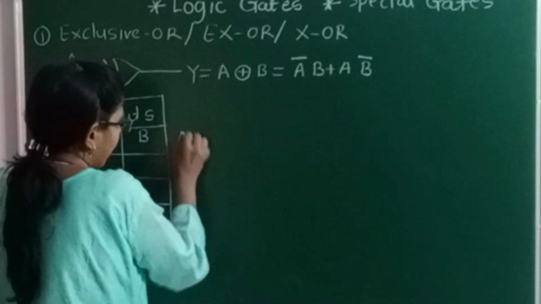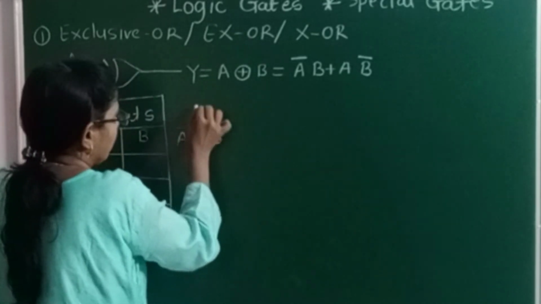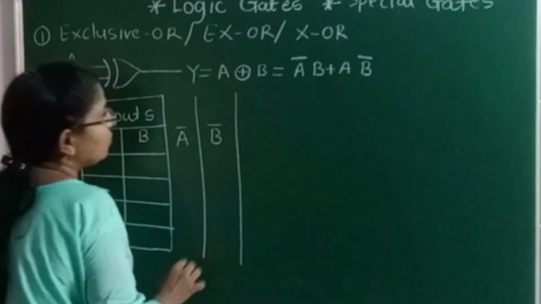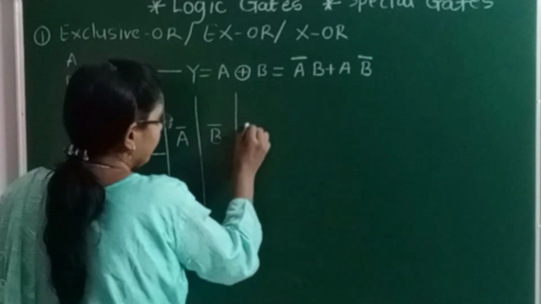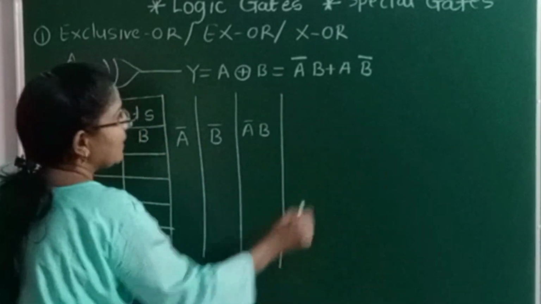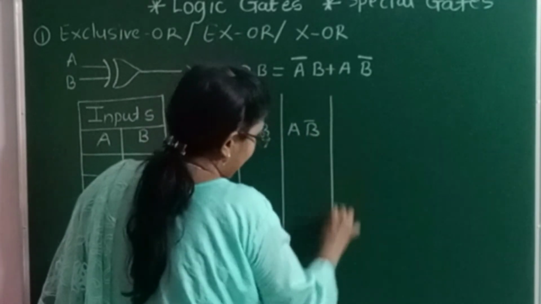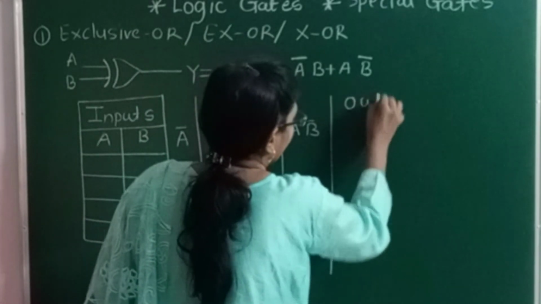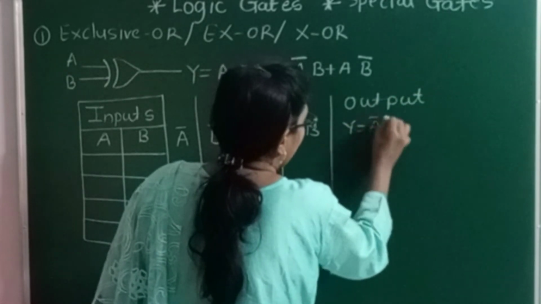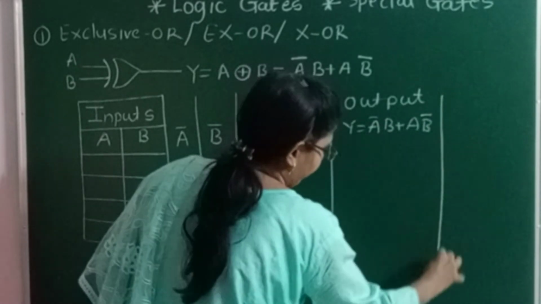So here I will write A complement, then B complement also. Next, I need to find A complement B. Then I need to find the A B complement also. And at last I can find the output, that is Y equal to A bar B plus A B bar.